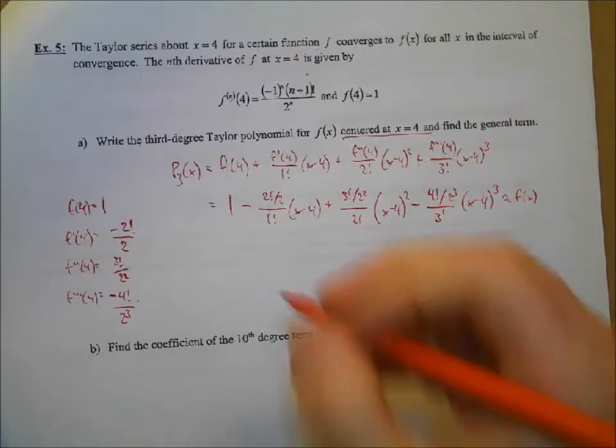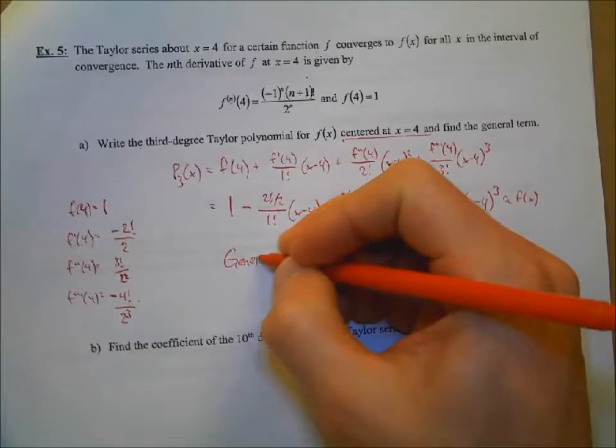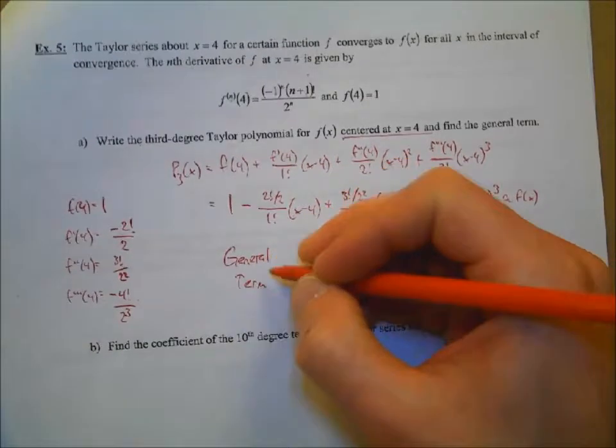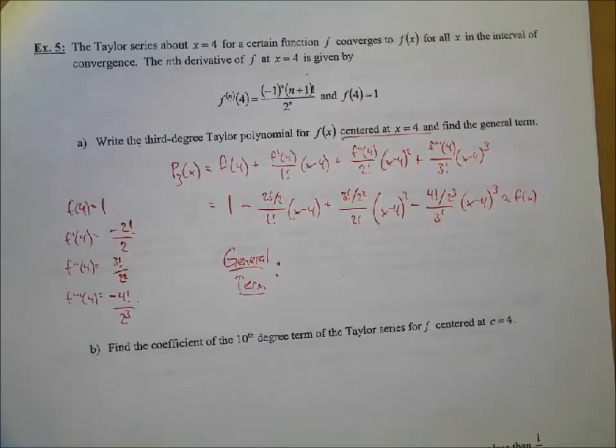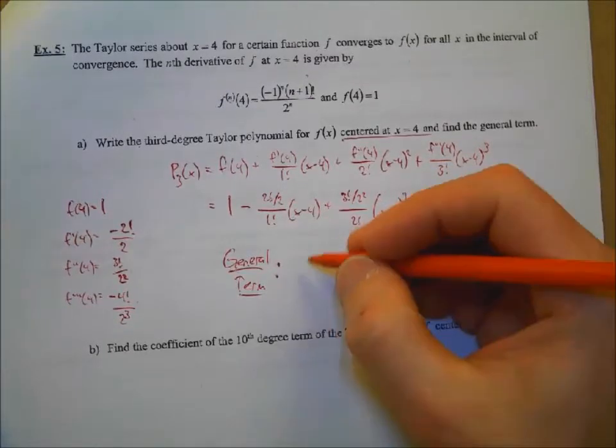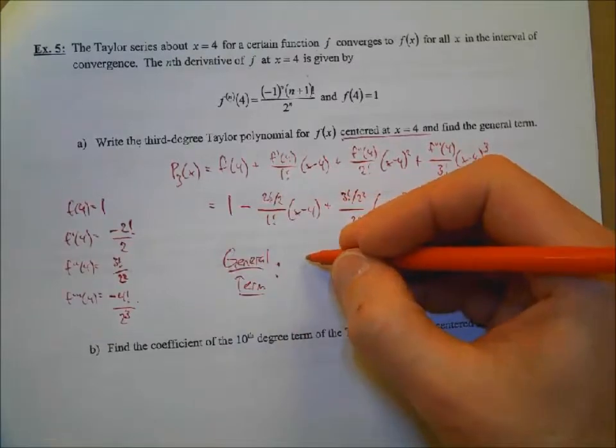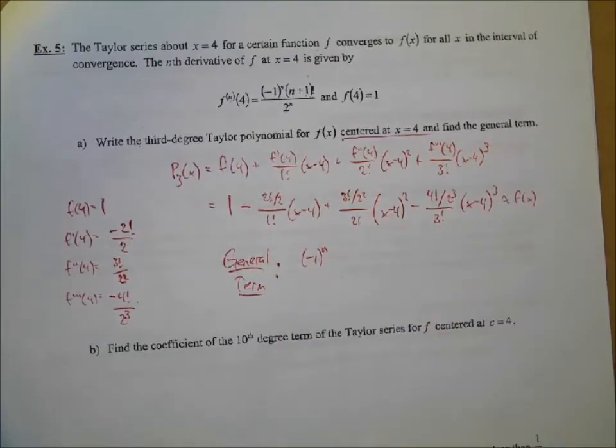So then our general term: we're going to be alternating, starting at n equals 0, where it's positive, so we'll say negative 1 to the n for the alternating piece.